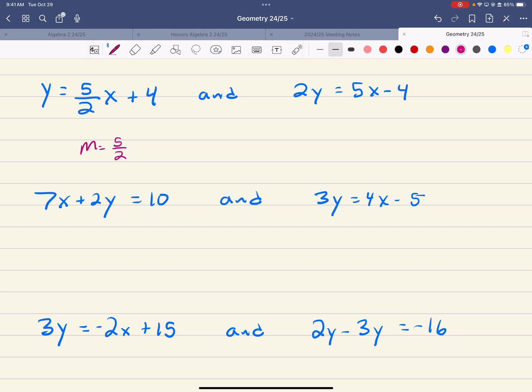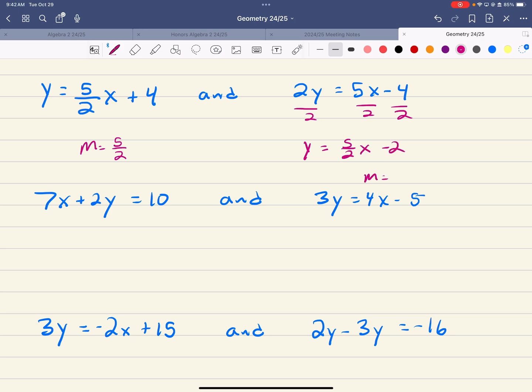We've got 2y is equal to 5x minus 4. Means we didn't divide by 2. So we have to get it in slope-intercept form first. It has to be the first thing that you do. Gives me y is equal to 5/2 x minus 2.